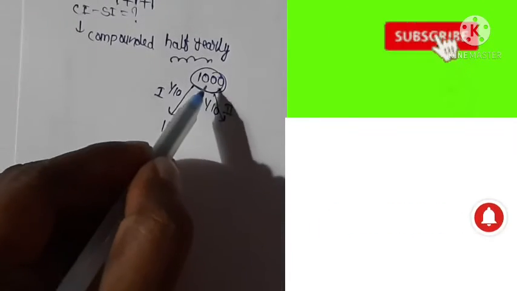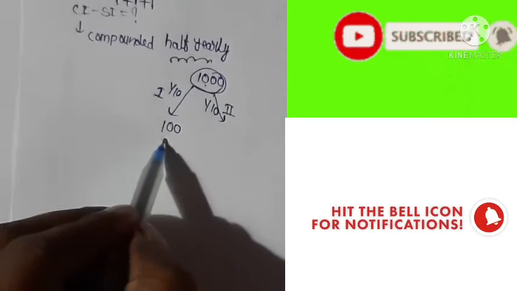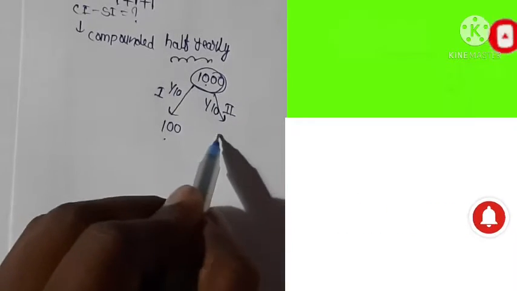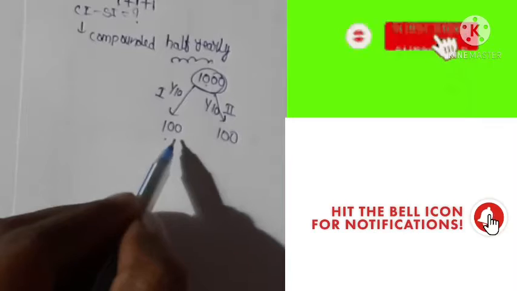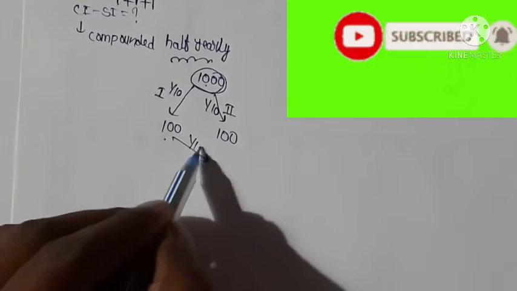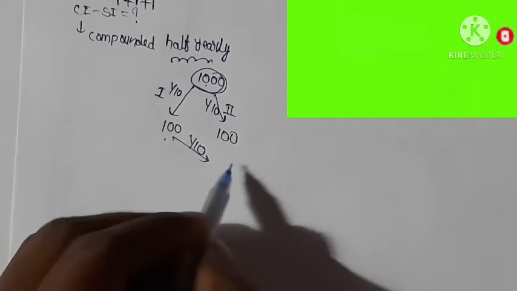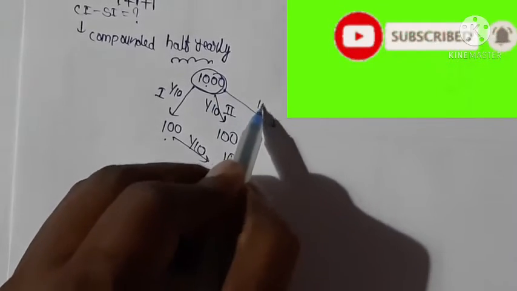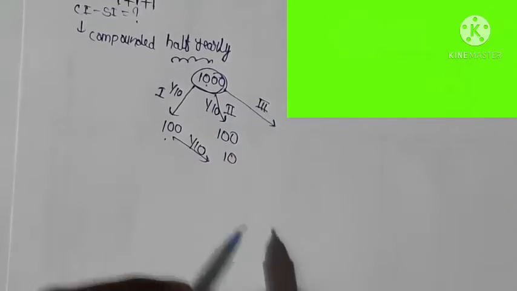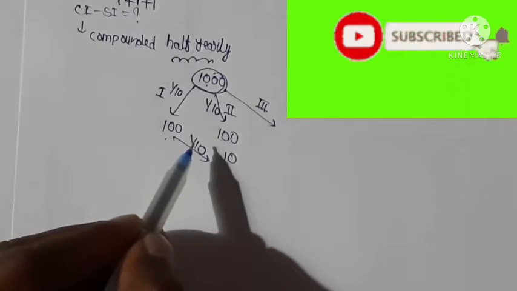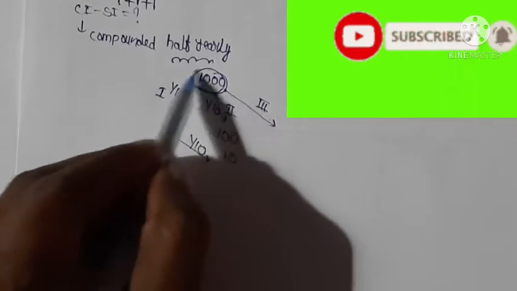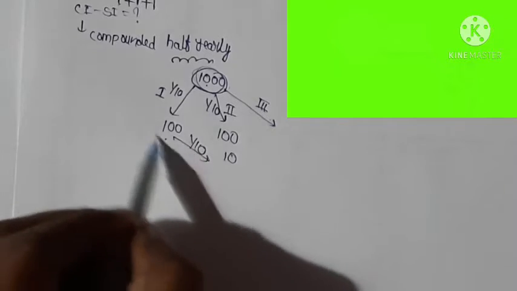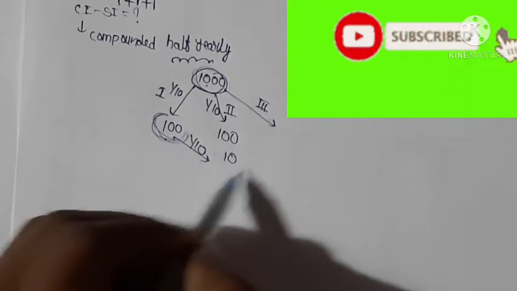For the second year the rate of interest is calculated on the principal and the first year interest. So here the value is 100, and 100 into 1 by 10, value is 10. For the third year, the interest is calculated on the principal, first year interest and second year interest.